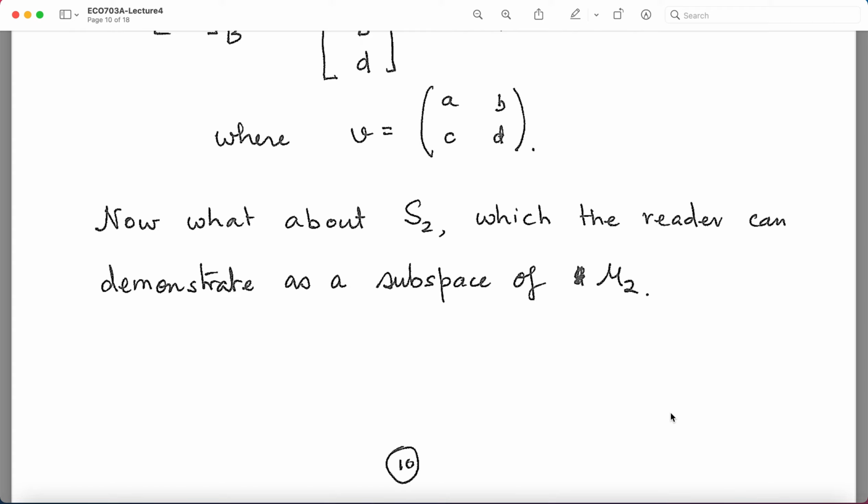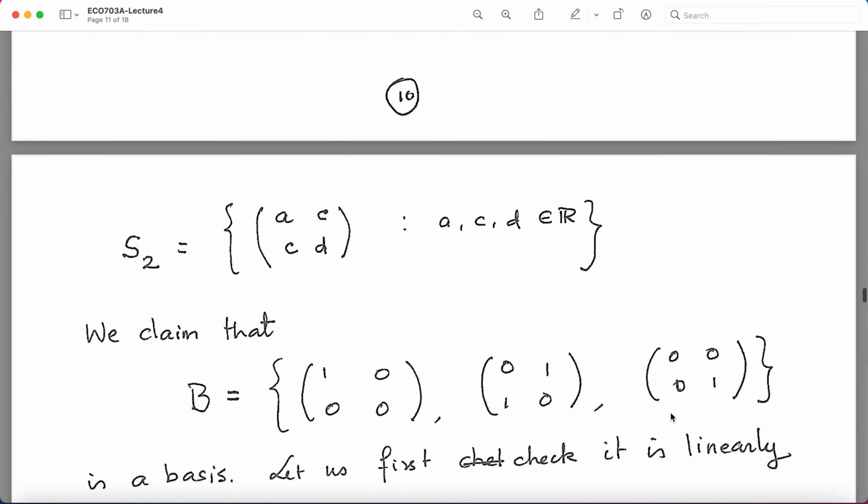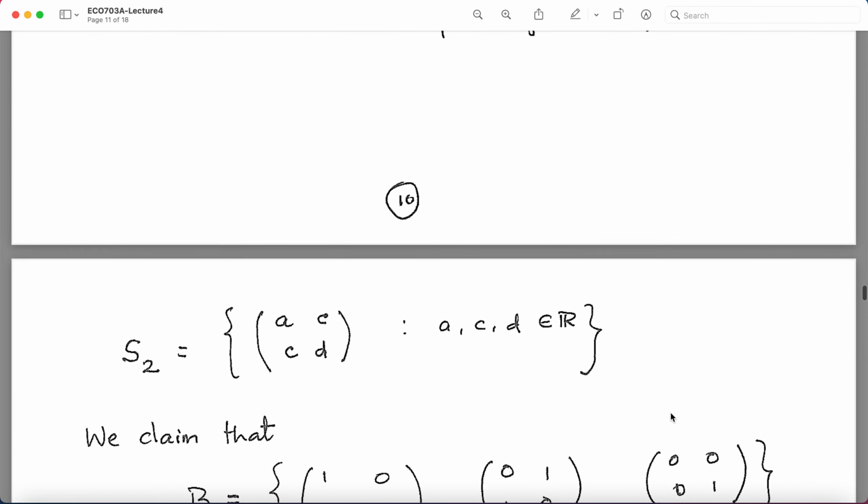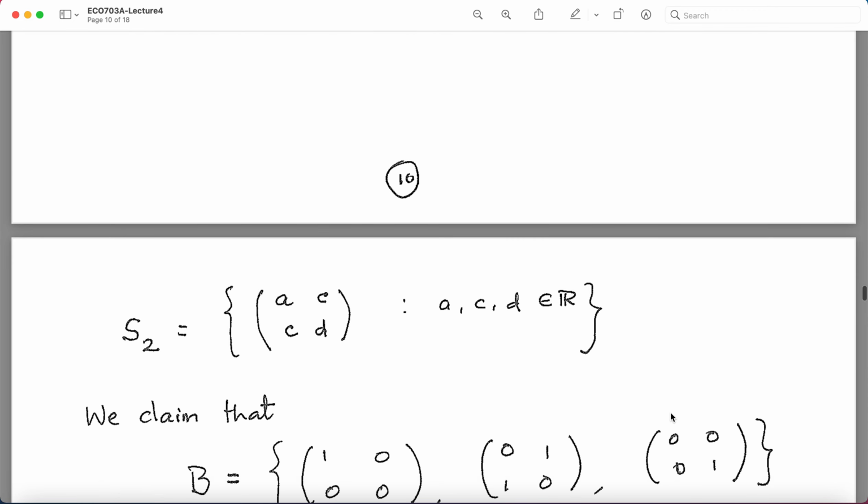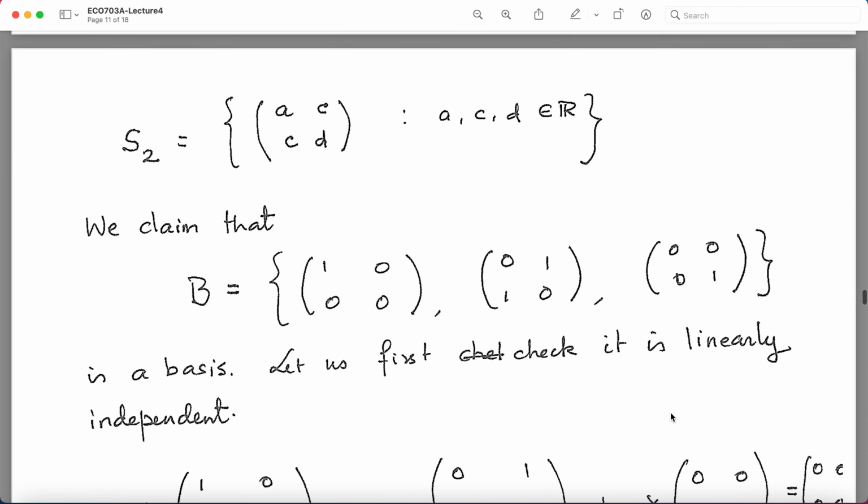Now what is the dimension of this? Matrices of the form A, C, C, D, where the first row second column element is the same as the second row first column element, A 1 2 is A 2 1. That is the definition of a 2 by 2 symmetric matrix.